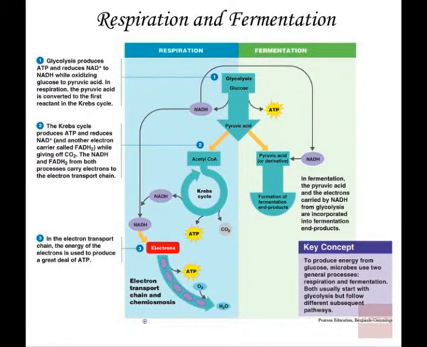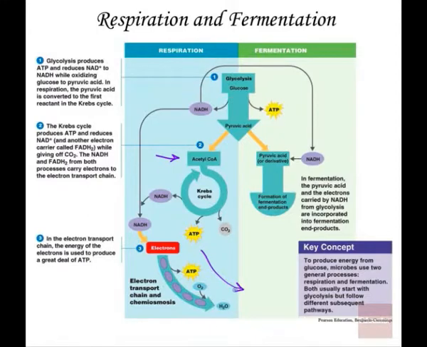Now, in terms of comparing respiration, which is a process that requires oxygen, to fermentation, which again is another word that means anaerobic respiration, you can see that here we go: glycolysis, pyruvic acid, we get to acetyl coenzyme A, we go through the Krebs or the citric acid cycle, and then we come down to the oxidative phosphorylation.